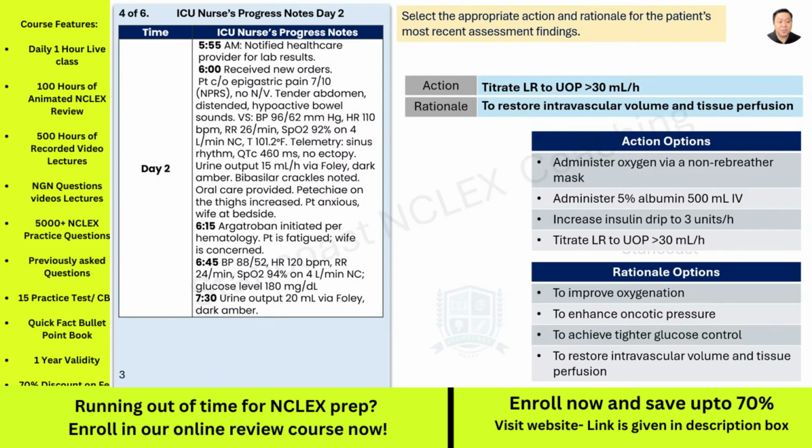So the rest of the options here, such as increase insulin drip to 3 units per hour, that is incorrect. Even though we are already administering the insulin, the glucose is already within the target range. Remember the target range that the order said? It is within that limit.